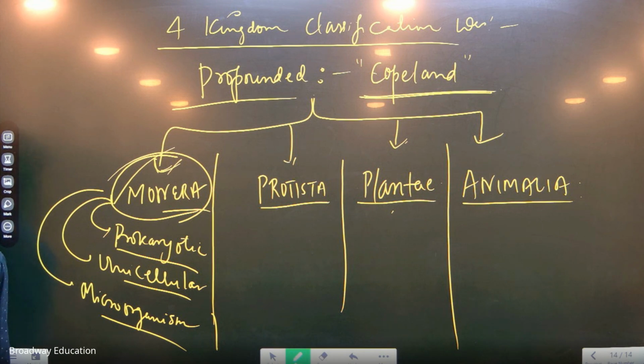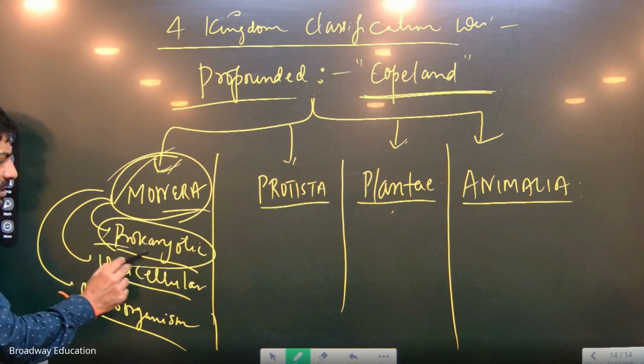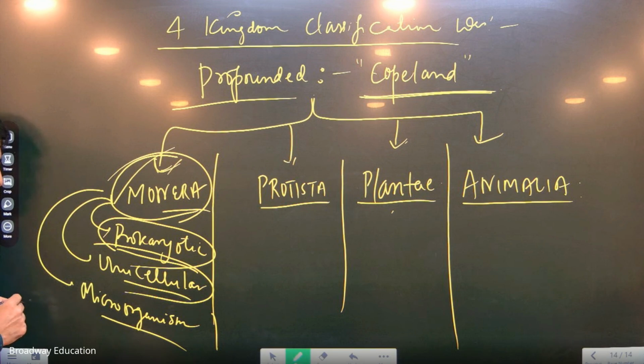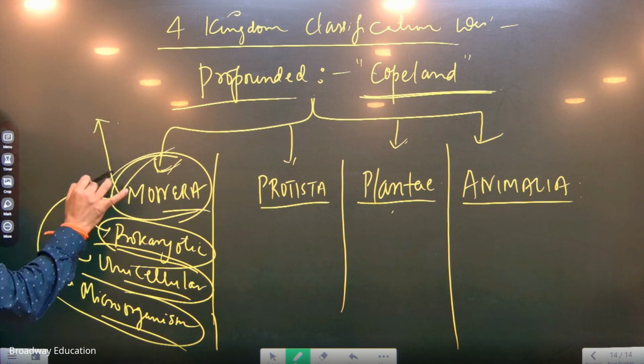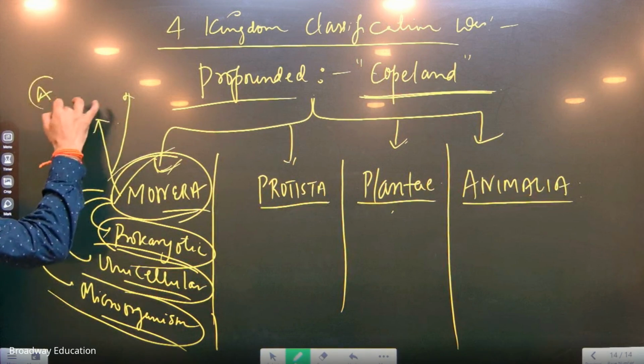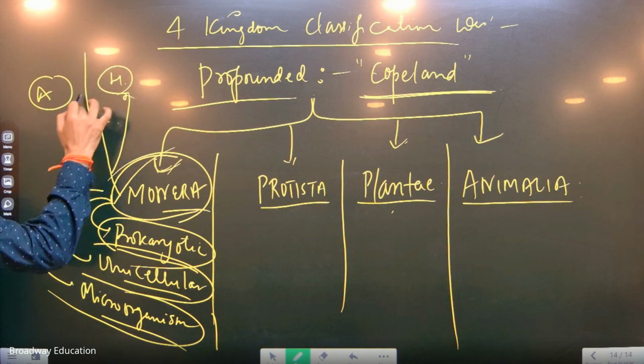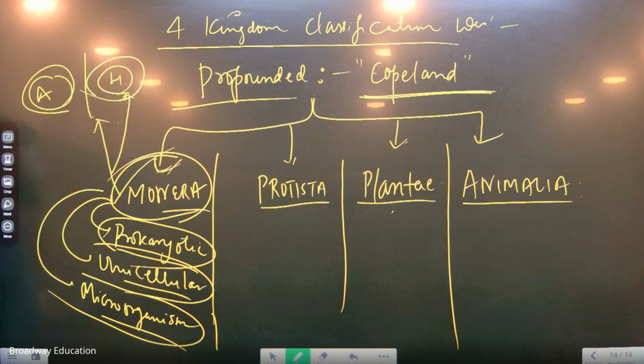Understanding my point? Yes, no. So Monera are prokaryotic, unicellular, not multicellular, and they are microorganisms. Is this part clear with everyone? One more thing you have to add here is that Monera can be autotrophs and also heterotrophs. It can be autotrophs also and it can be heterotrophs also.